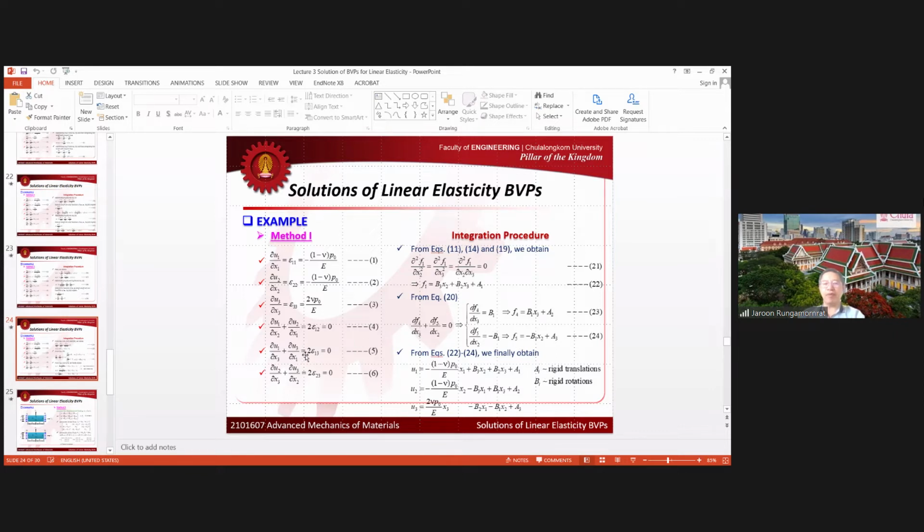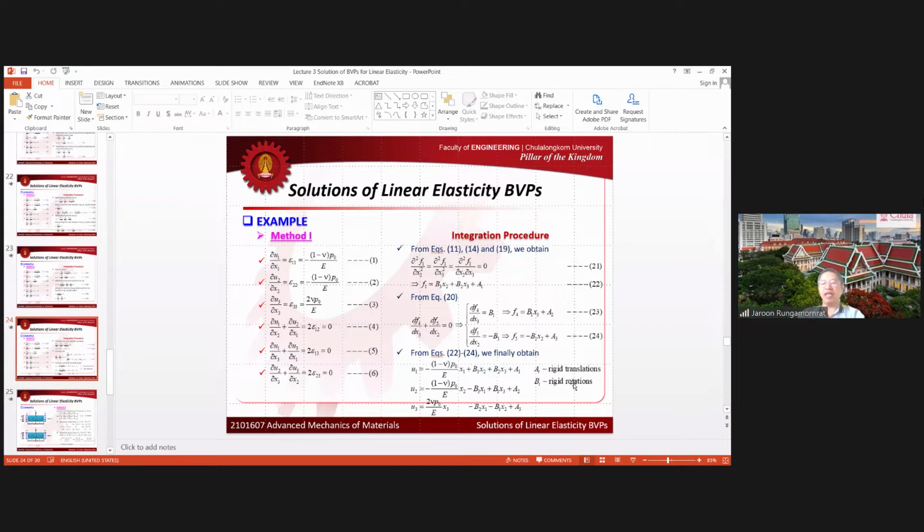For this specific problem, if you go back and look at the problem that we focused on here, we see that at every point on the boundary, we know only the traction. There is no part of the boundary where we prescribe the displacement field. So for this case, we can say that the constants AI and BI, 6 of them here, cannot be determined.